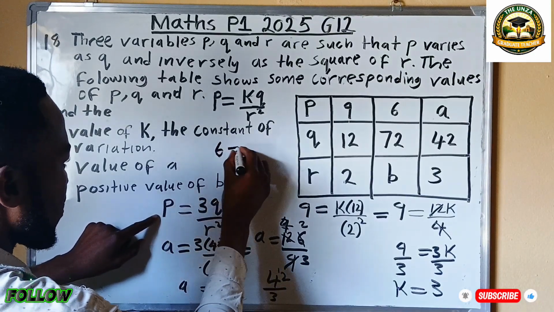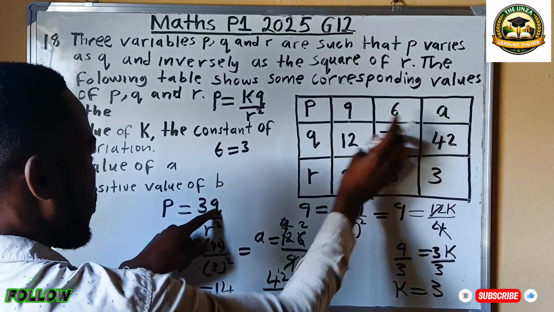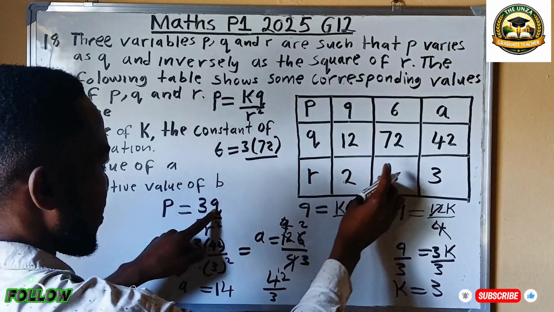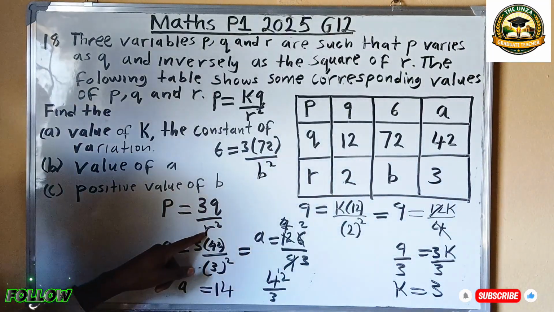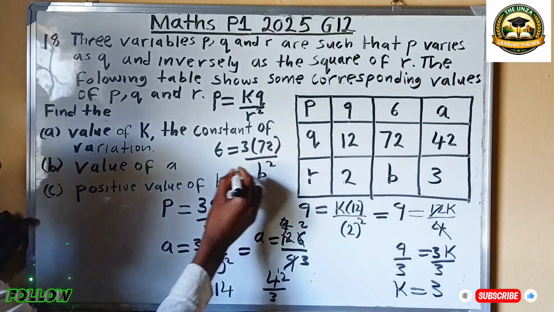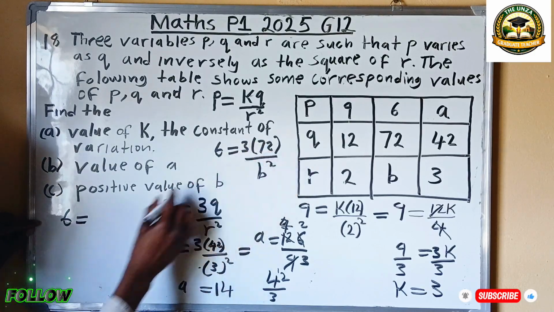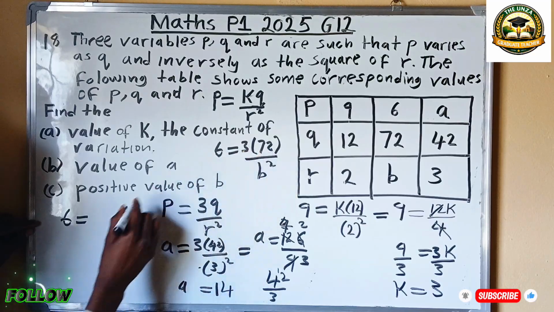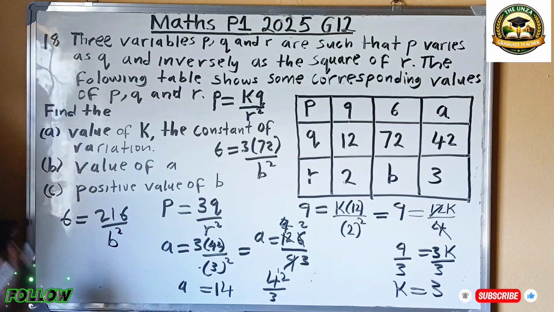You say 6 equals 3, the constant must always be there, then where there's Q, you put 72, over B squared, because where there's R, you put B. So 6 equals 3 times 7 is 21 over B squared.